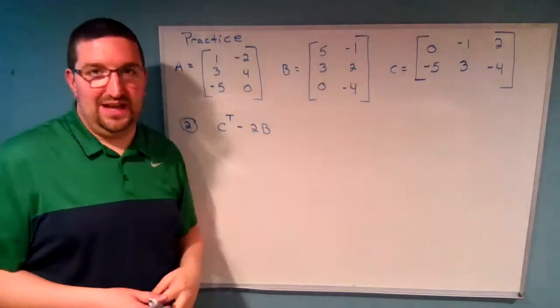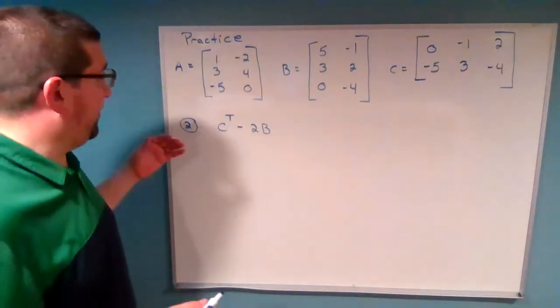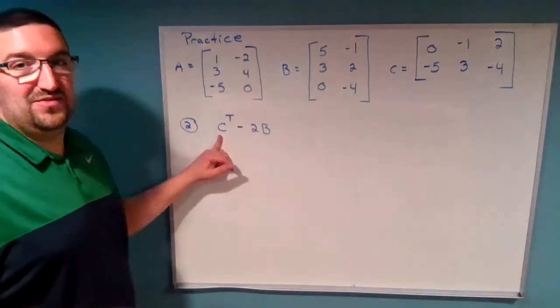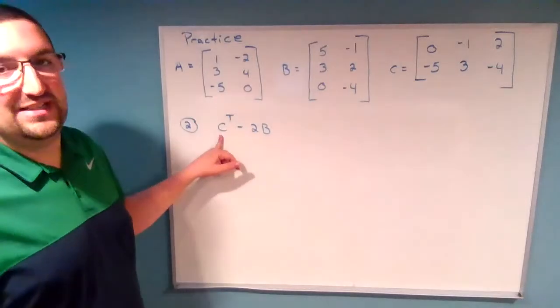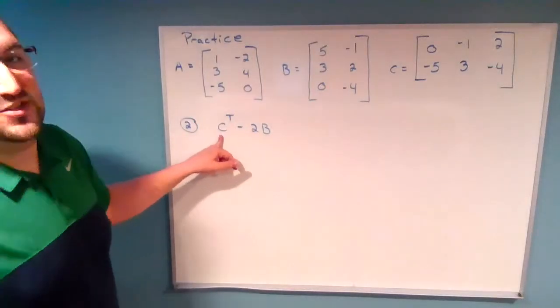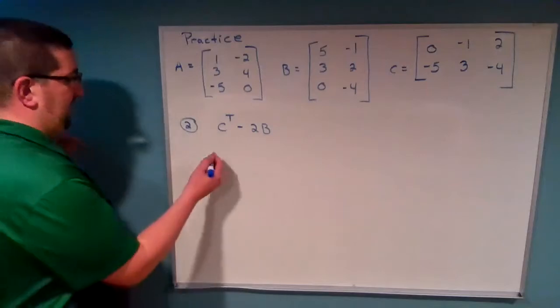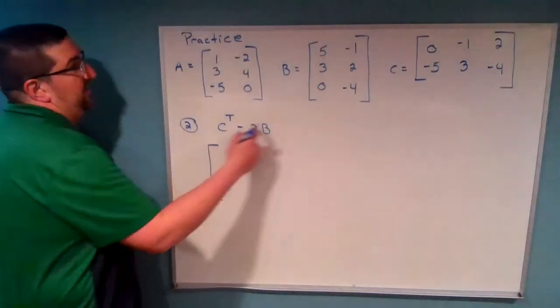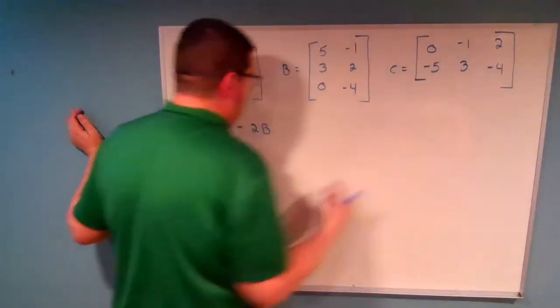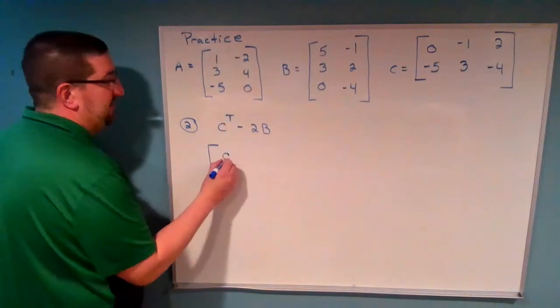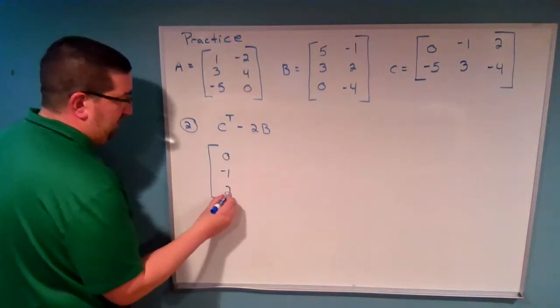We do rows and columns. So C transpose, I have to take the transposition of C. So that first row becomes the first column. So the first row, 0, negative 1, 2, becomes the first column, 0, negative 1, 2.